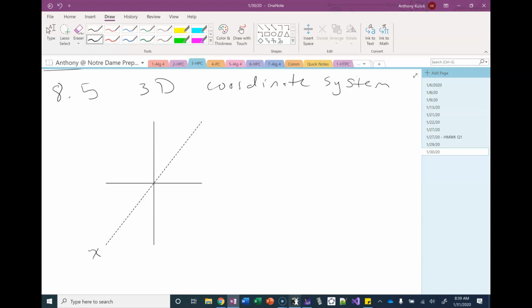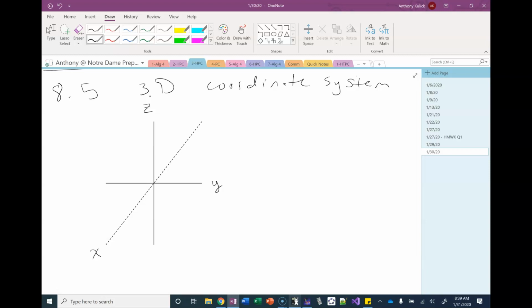Okay. So this axis that's coming out of your sheet of paper is the x-axis. The one that's horizontal is the y, and the straight up and down is called the z. Why did we make the y? This is the traditional way that this is done.